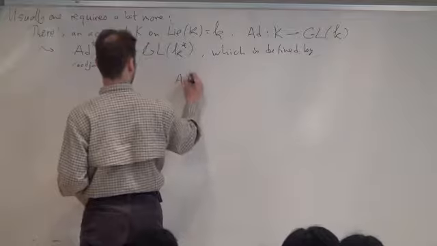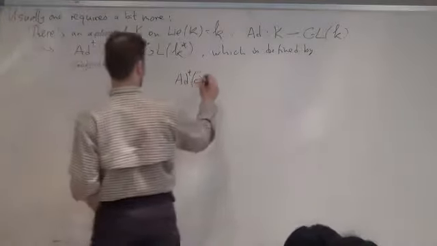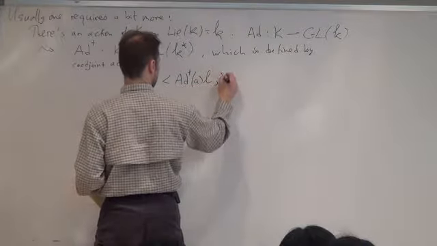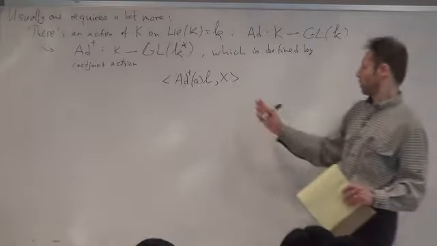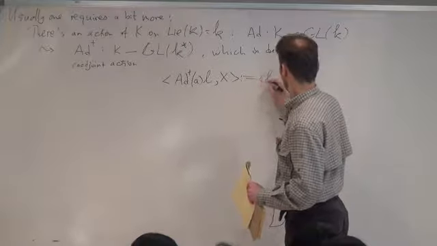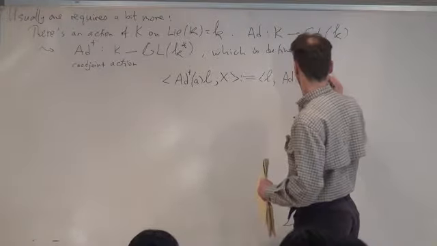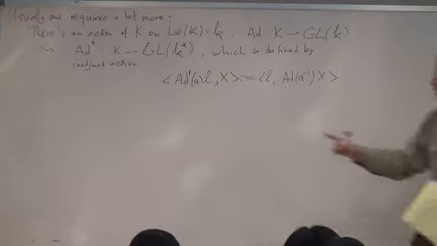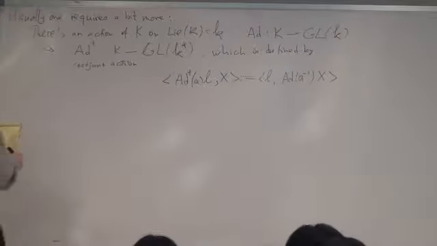Let's see, Ad dagger of a group element A acting on a covector, paired with some vector. Again, I'm using angular brackets for pairings. Vectors, these are the covectors. That's by definition the covector on Ad of A inverse on X. Right, and this inverse is thrown in, so this is actually a representation, a homomorphism rather than an anti-homomorphism.